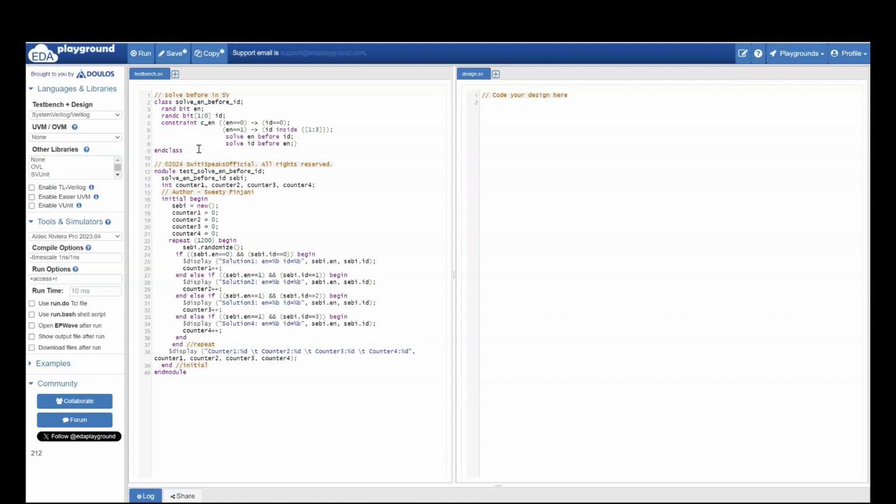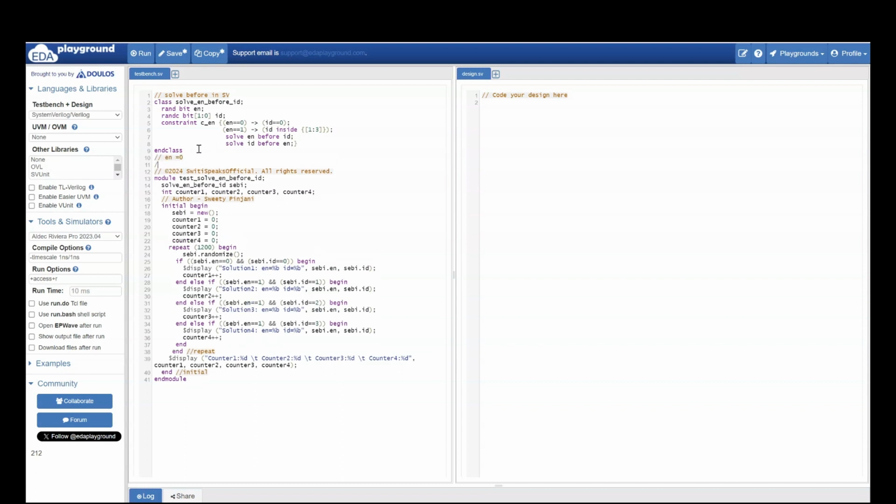What value can enable take? Enable can take either 0 value or 1 value. Now, whenever your enable takes 0 value, what value can id take? According to this constraint, whenever enable is 0, id can only take value 0. Now, when your enable equal to 1, what values can id take? Id can take values between 1 to 3, which covers three values 1, 2 and 3.